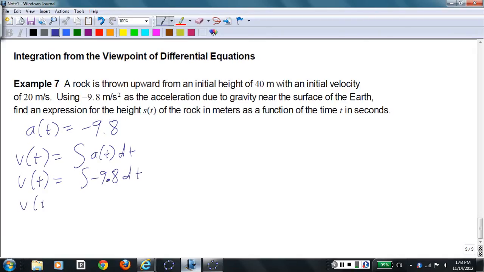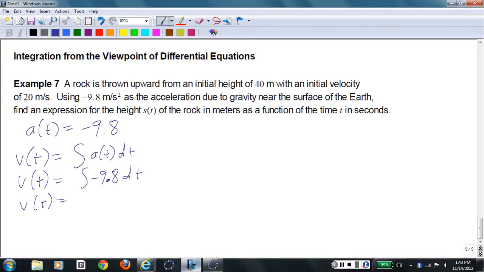So v of t equals, have we integrated a constant? Have we done that? What kind of function can you take the derivative of and get a constant? E to the power of something. Oh, I see what you're thinking.